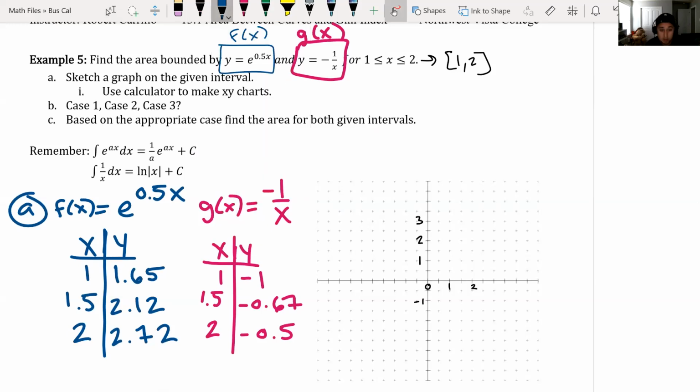All right. So graph the first one, 1 and 1.65. So probably put that around here. And then 1.5 and 2.12, probably right there. And then 2 and 2.72, probably right there.